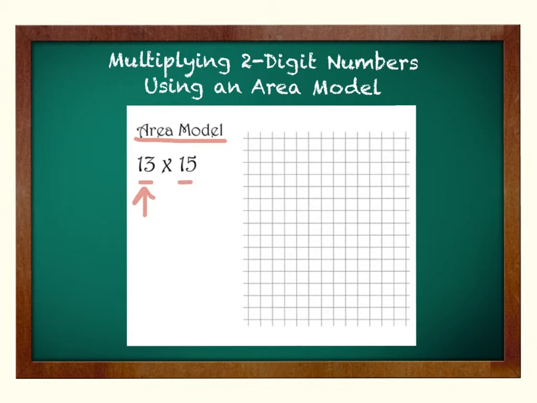If I were to break 13 down to place value, expanded form, I would get 10 plus 3. So I'm going to put 10 plus 3 up here at the top. And if I were to break 15 down into place value, I would get 10 plus 5. So I'm going to put 15 along this side, 10 plus 5.